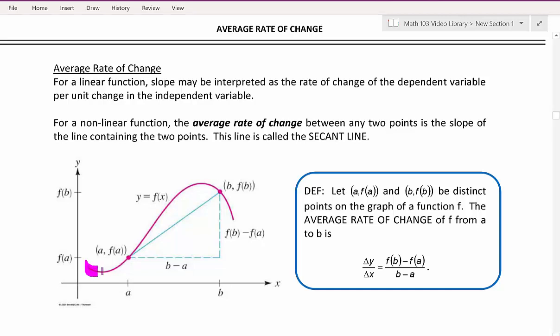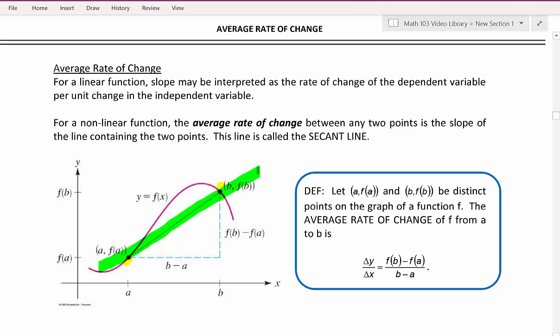So we've got this curve here that's clearly not a line. If I want to find the average rate of change between the 2 points, A, f of A, and B, f of B, we want to find the slope of the secant line, which is the line containing these two points.